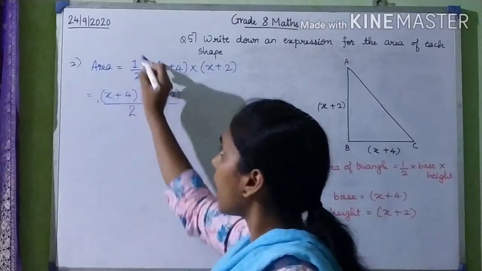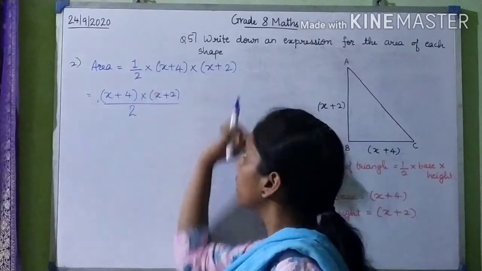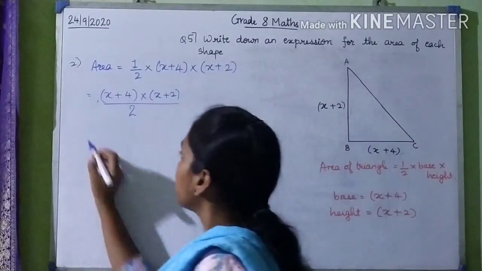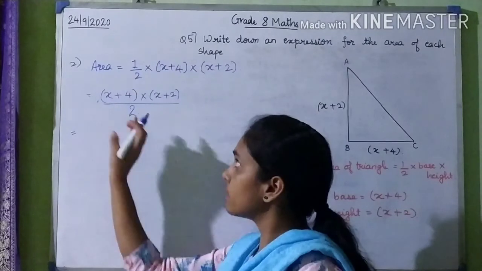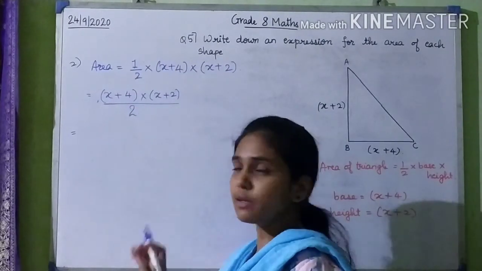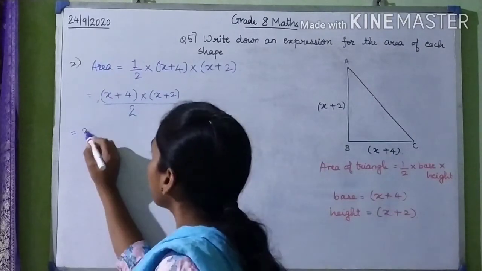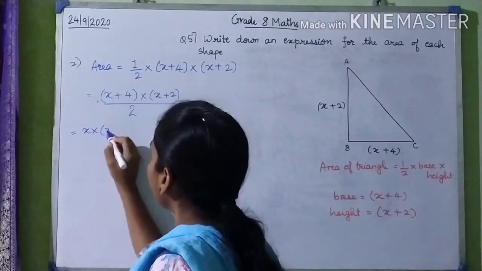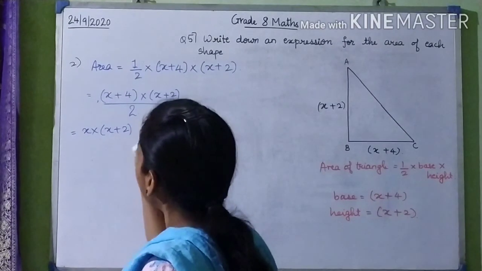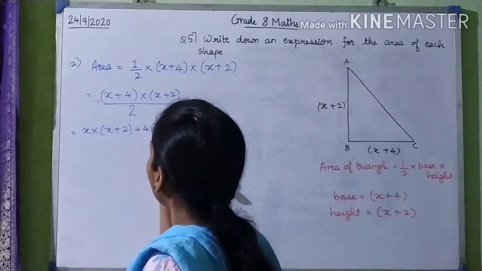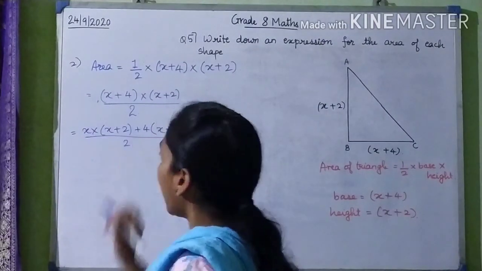Right? Because this is half is multiplied. So we can give this 2 for all the numerators. So we have to solve the product of these two expressions. As we have done the previous sums, similar way we have to solve the product of these expressions. So x will be multiplied to x plus 2 and then again plus 4 will be multiplied to x plus 2 and this divided by 2 will be as it is.